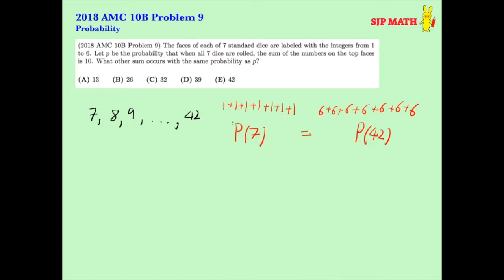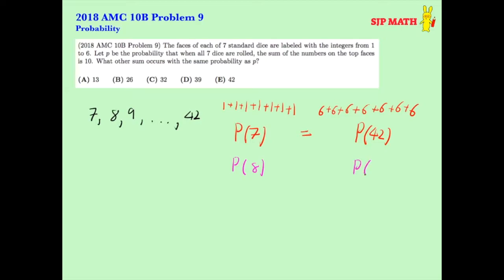So now that we found the relationship between the smallest possible sum and the largest possible sum, we're going to now look at the relationship between the second smallest possible sum and the second largest possible sum. So let's now put that in another color. The probability of getting the smallest possible sum, which is, as we found here, 8. And the probability of getting the second largest possible sum.